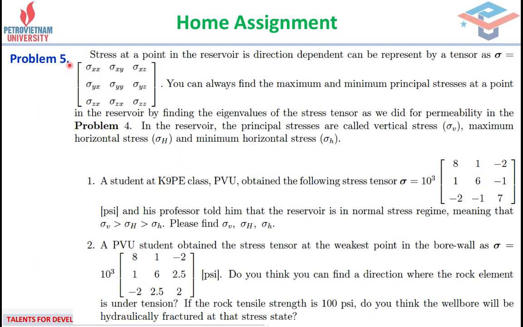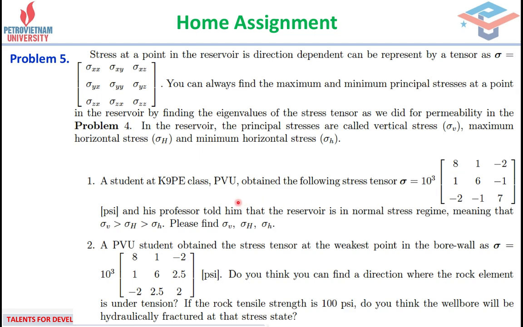For problem number 5, this problem is related to geomechanics. I hope you already have some concept of geomechanics in some of your courses. Now the stress at a point in the reservoir can be determined by this tensor. And I have a stress tensor like this.